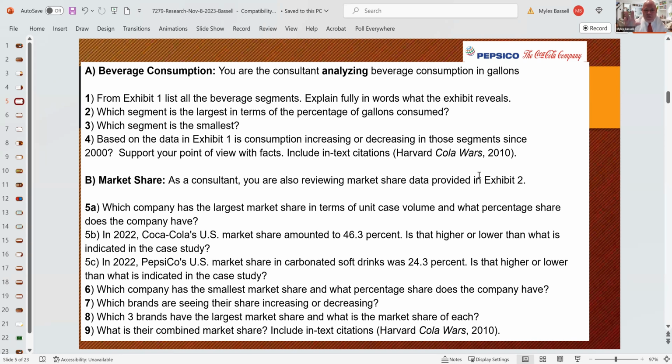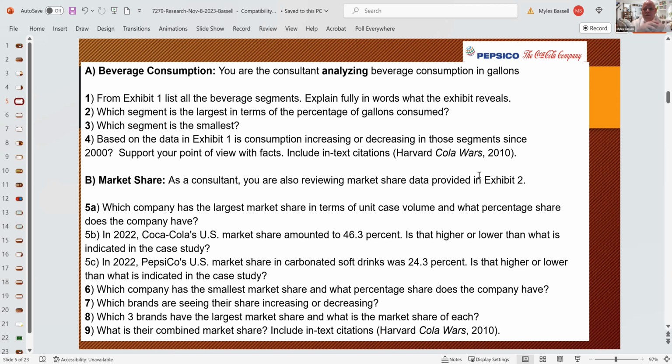This is very straightforward. What I'm asking you to do is read through the case, and you'll see that there are a number of exhibits. There's a variety of different tables, like in Exhibit 1. What I want you to do is look at that exhibit, and in your report, list all the beverage segments.